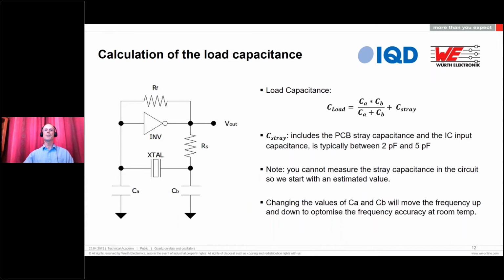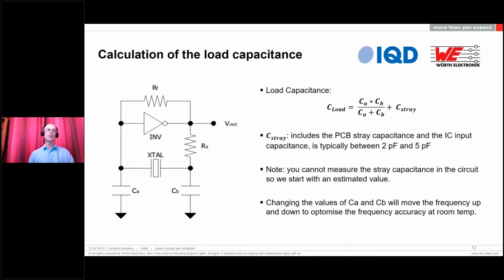You can see there's a little formula there for calculating the load. And it's a series combination of the two external capacitors plus the stray capacitance on the board. Now, generally, you cannot measure the stray capacitance in your circuit, so we generally start with an estimated value. And we generally choose a value between 2 picofarads and 5 picofarads as a starting point.